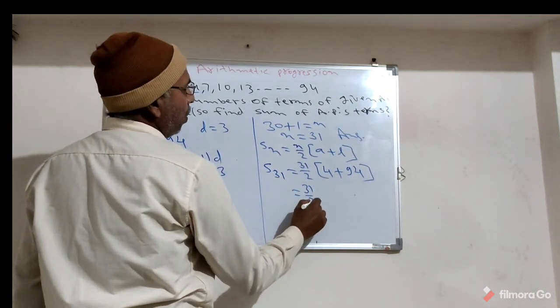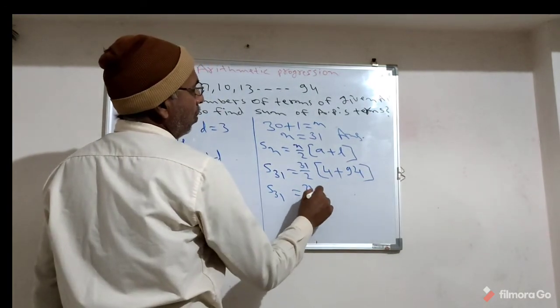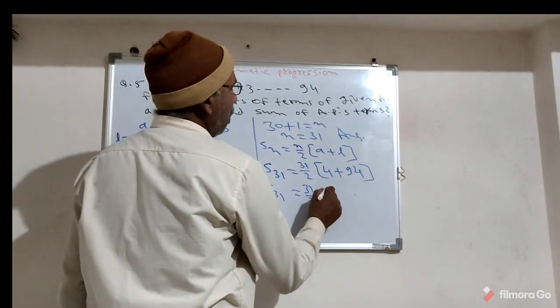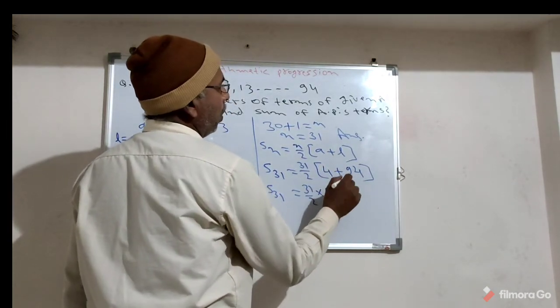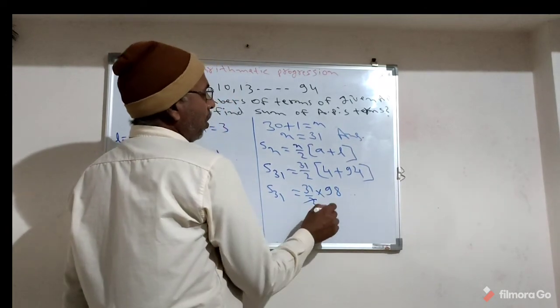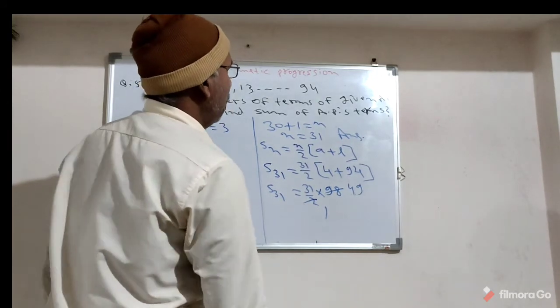Then 31 upon 2 into 4 plus 94, how much do we get? 98. 2 1s are 2, 2 4s are 8, 2 9s are 18.